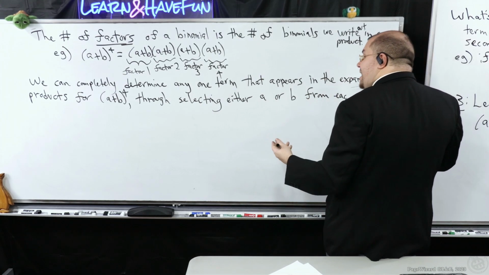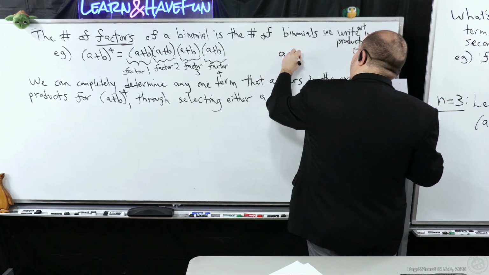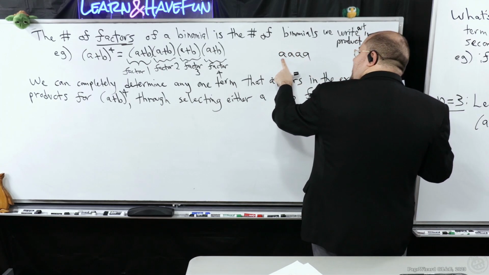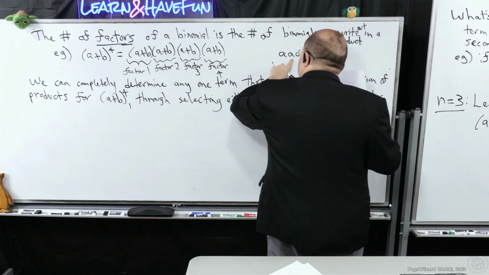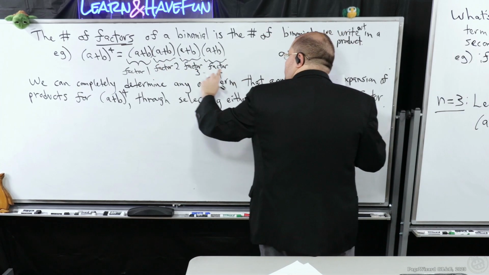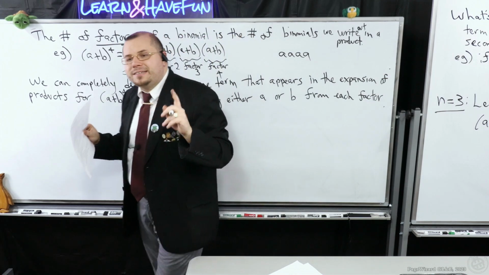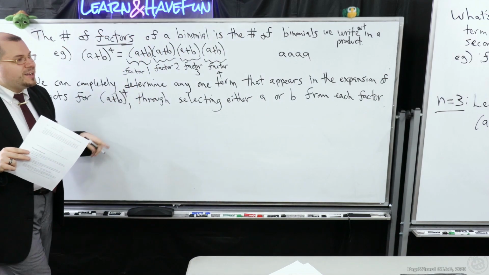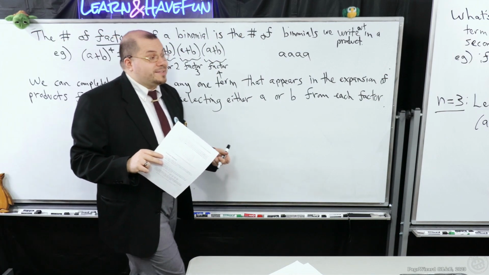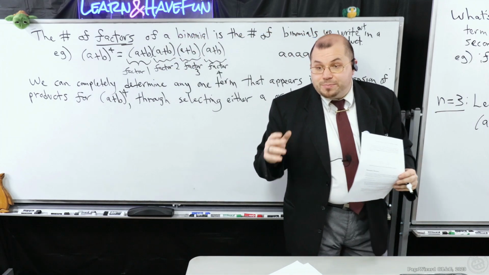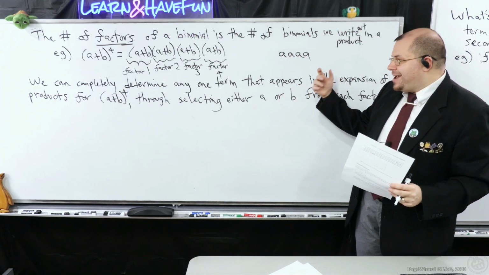What I'm saying is, if I pick an A from the first factor, an A from the second factor, an A from the third factor, and an A from the fourth factor, this will exist in the list of products that appear in the sum that equals a plus b to the power 4.